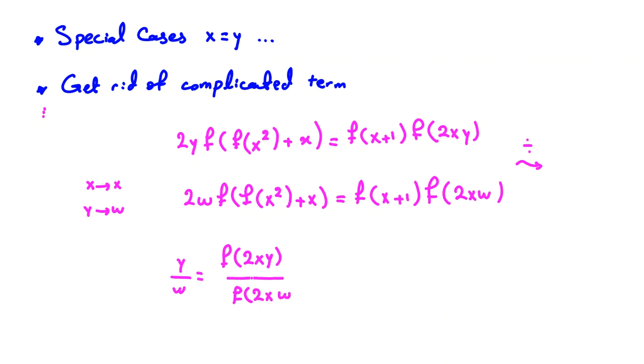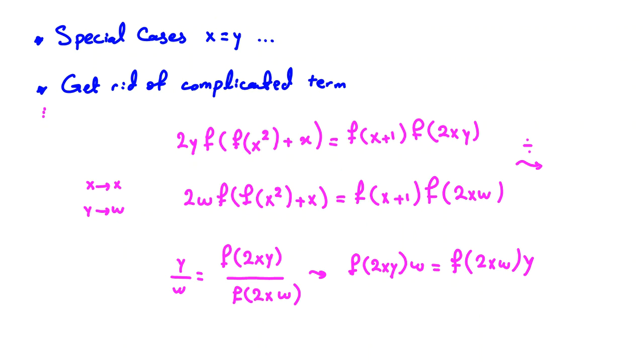Now, in this case, if we cross multiply: f of (2xy) times w equals f of (2xw) times y.